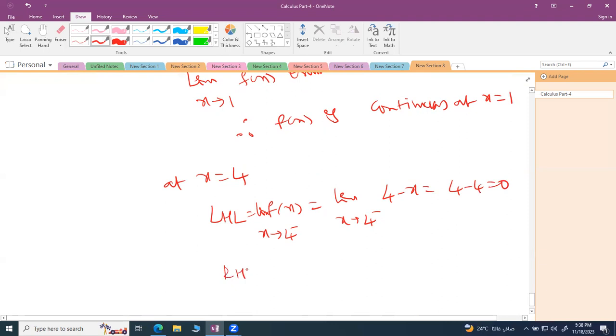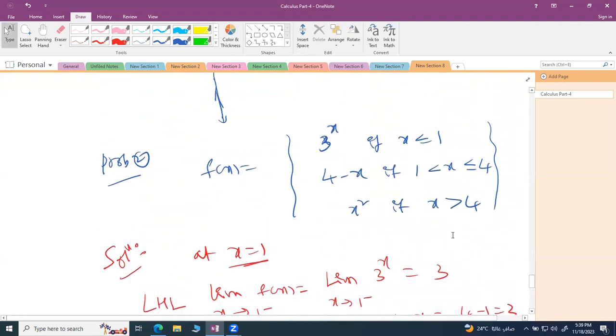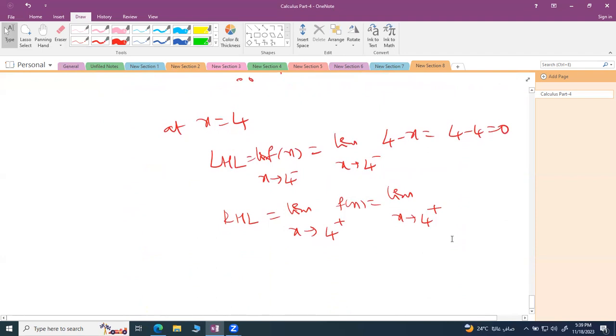If you take the right hand limit, x goes to 4 plus f of x is equal to limit x goes to 4 plus, the function equal to x square more than 4, x square is equal to 4 square equal to 16.